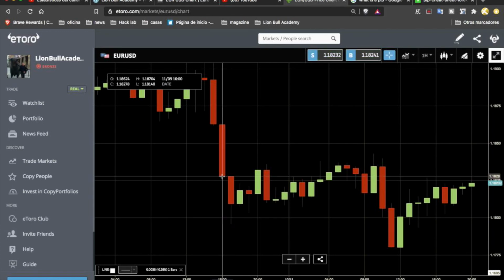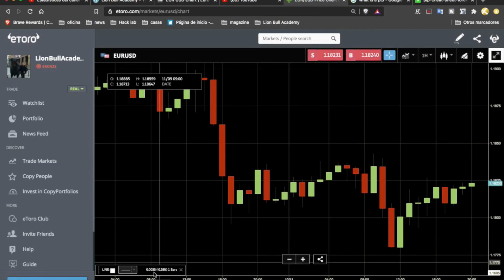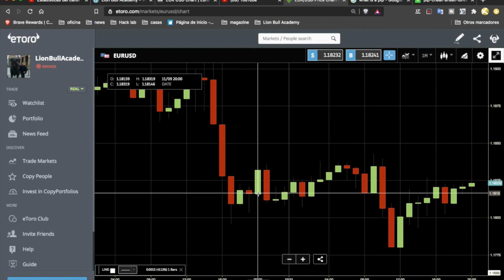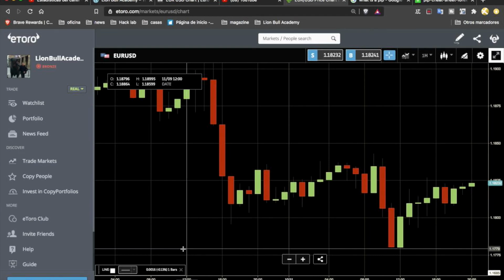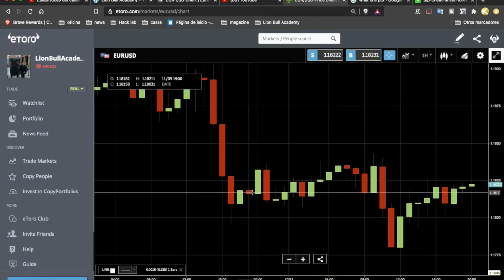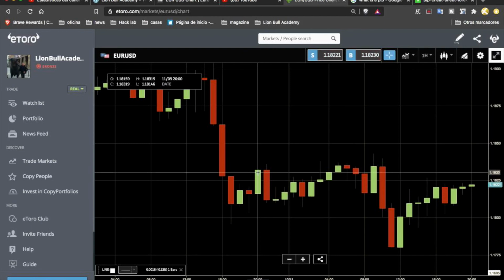Click one more time, and down here it will show how many pips it moved. In this case it's 35 pips. Let's check this green candle. We click here, then here, and here it shows this candle moved 16 pips. So the visual representation of the movement of the price in this candle is 16 pips.